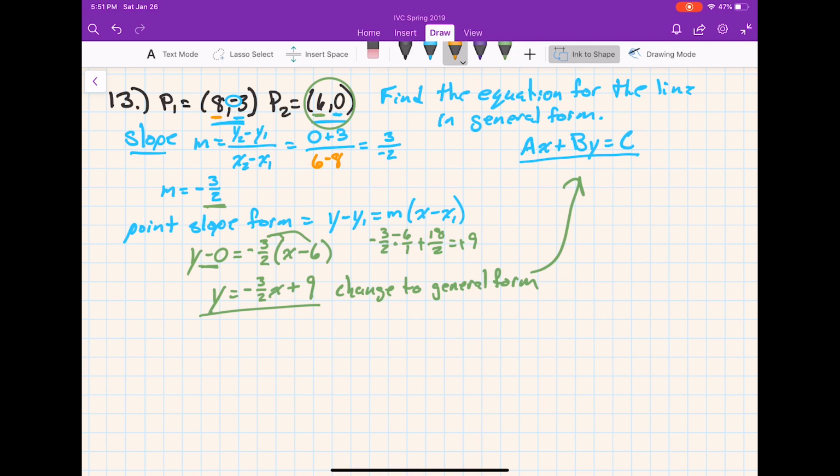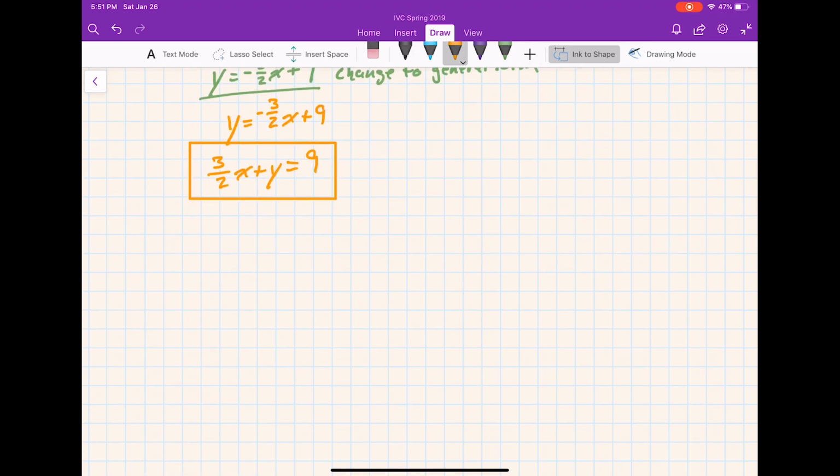So y equals... we're just going to move the x component over here to this side. Equals 9. And there we go. And actually, you're supposed to get rid of that fraction, but I'll let you do that on your own. The video's getting too long.